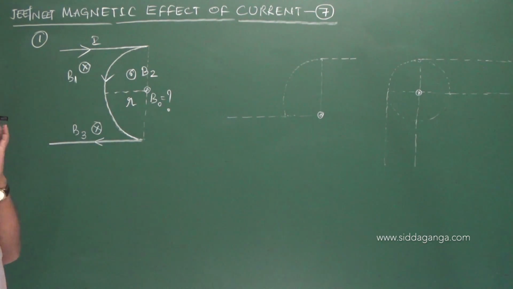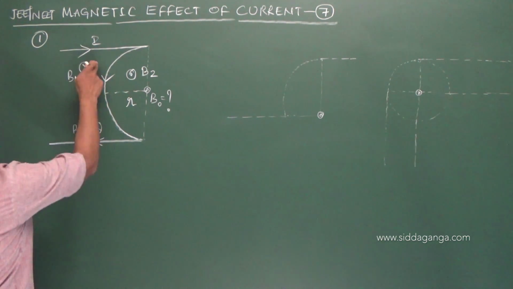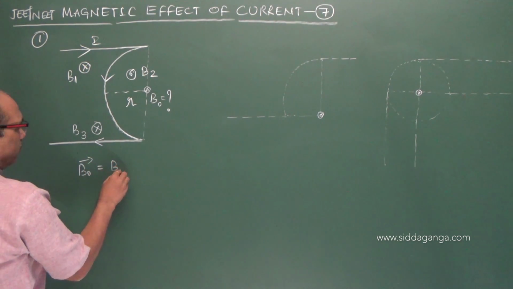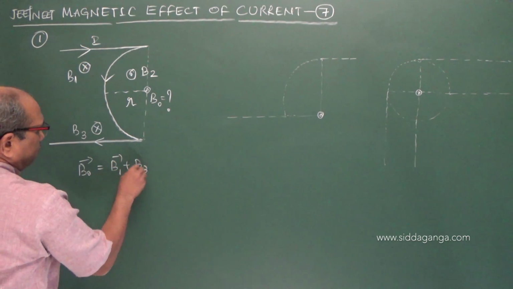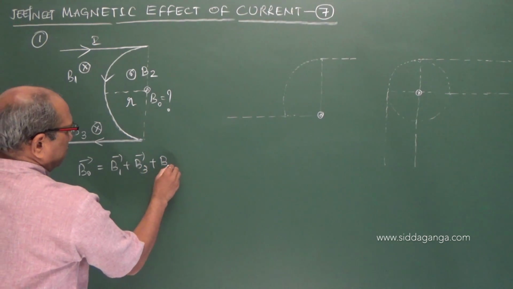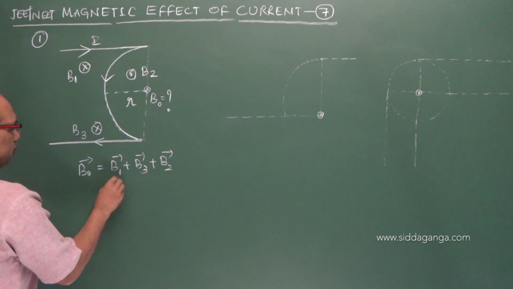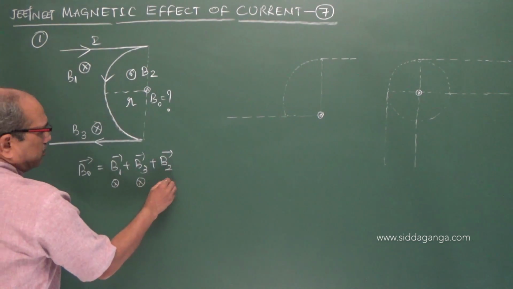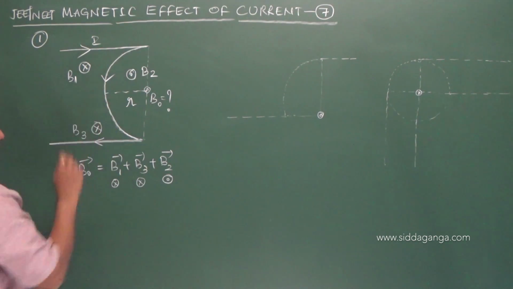Three fields are there, but the magnetic field at O is B1 plus B3 plus B2. These two are into the board by the straight wire, but this is out of the board, the half circle.